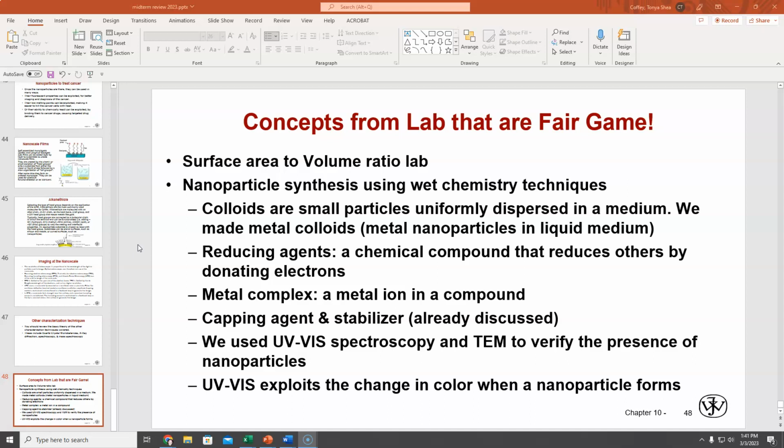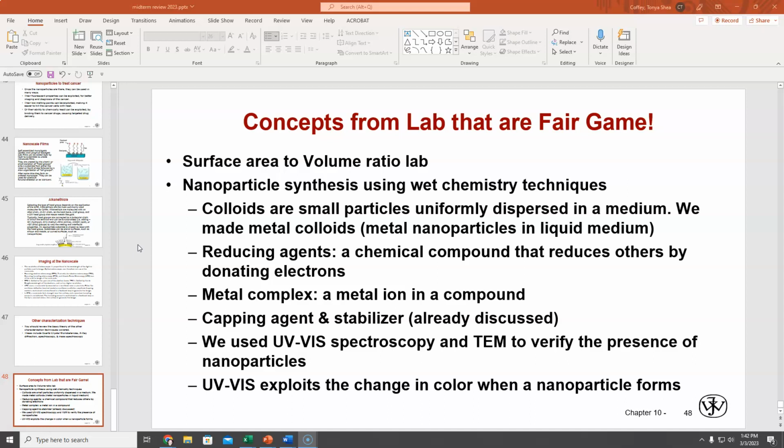So first of all, if you remember the agar cube lab, that demonstrated how important the surface area to volume ratio was for chemical reactivities and things like that. And then we did two different labs that had nanoparticle synthesis using wet chemistry techniques.